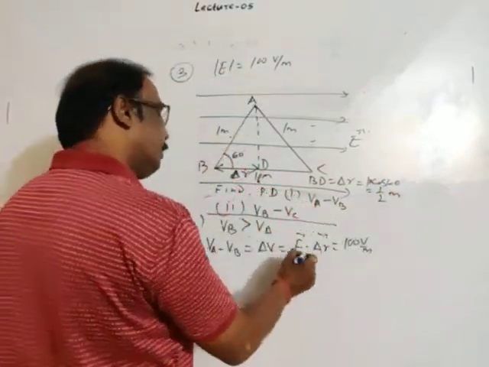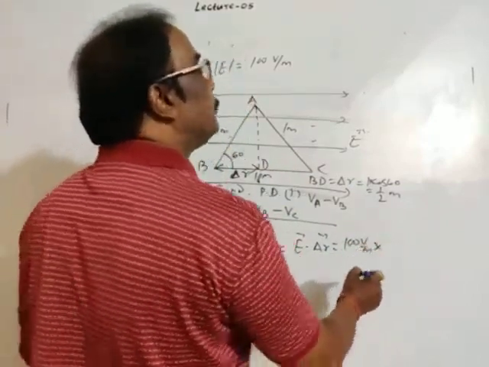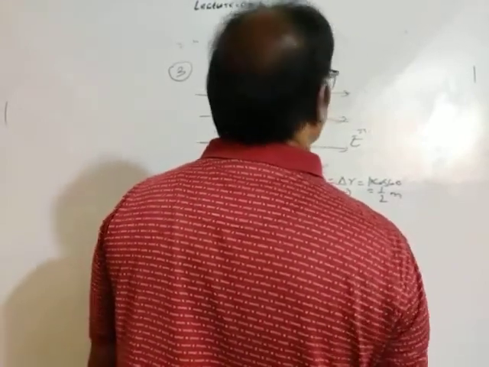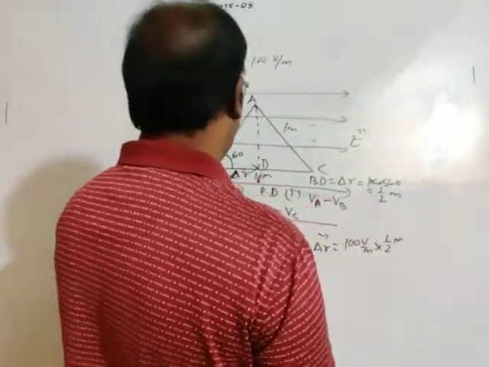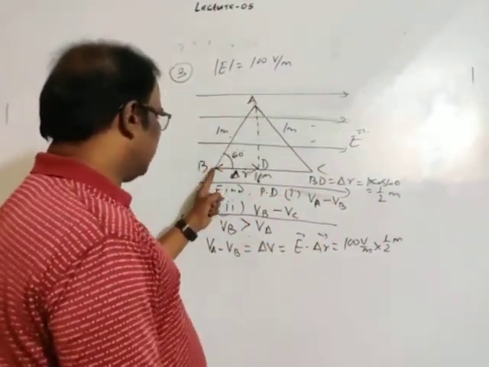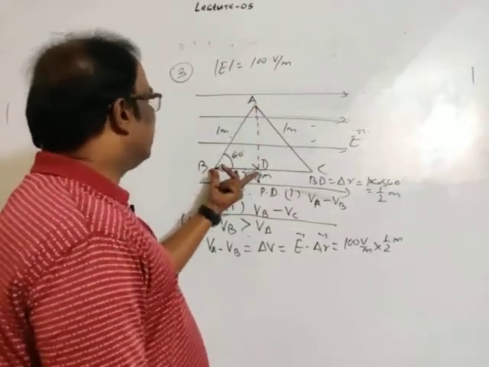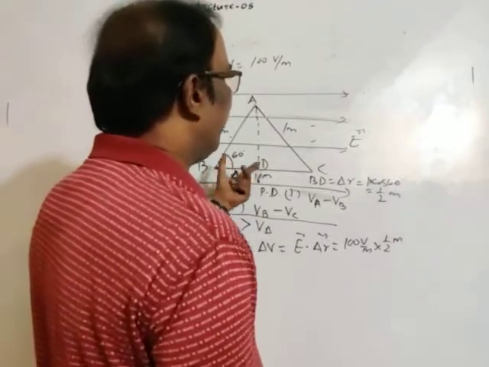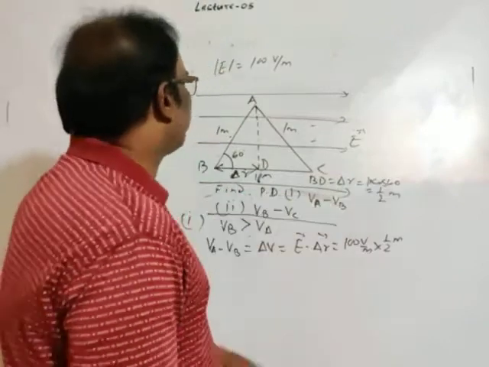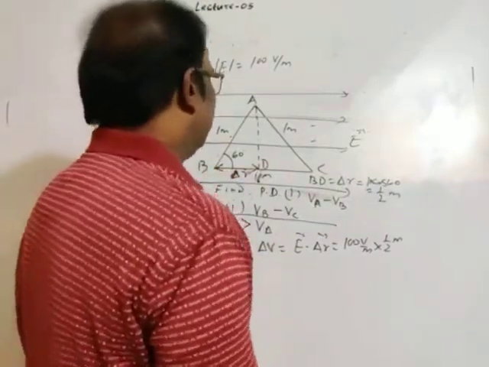Then E, the electric field, is 100 volt per meter, and delta R is 1 by 2 meter. The distance between them is delta R, equal to 1 cos 60, which is half a meter.